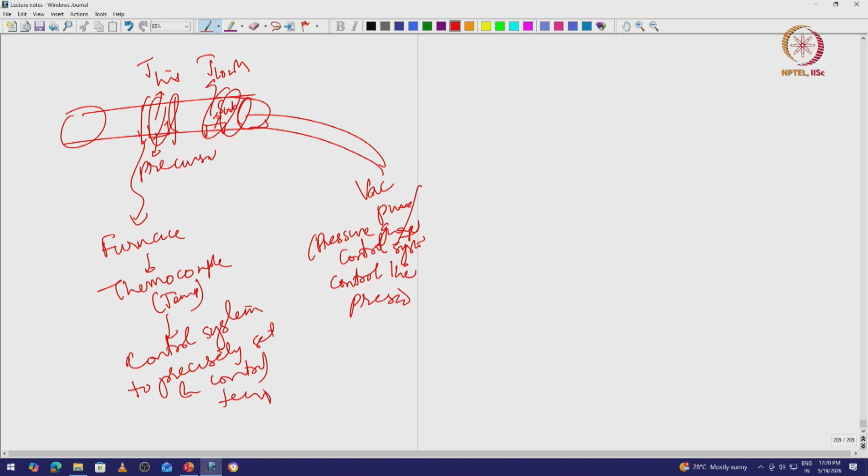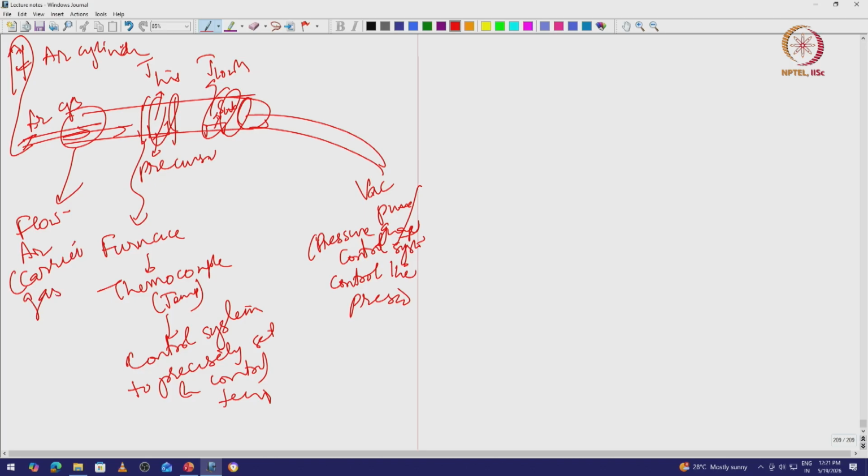And then I said we will flow some argon gas, so I have to connect this to an argon gas cylinder and bring the argon gas. This is the argon cylinder, and I flow the argon gas. That is what is called my carrier gas. I have to control the flow rate of the carrier gas.